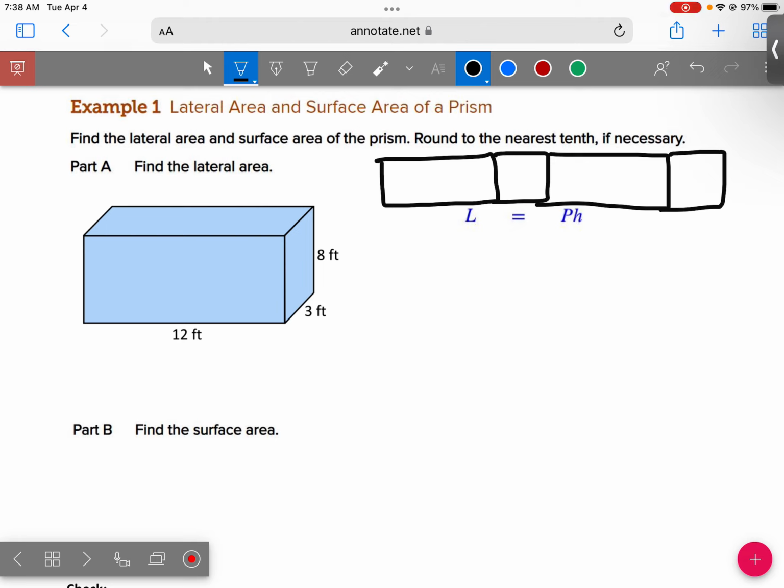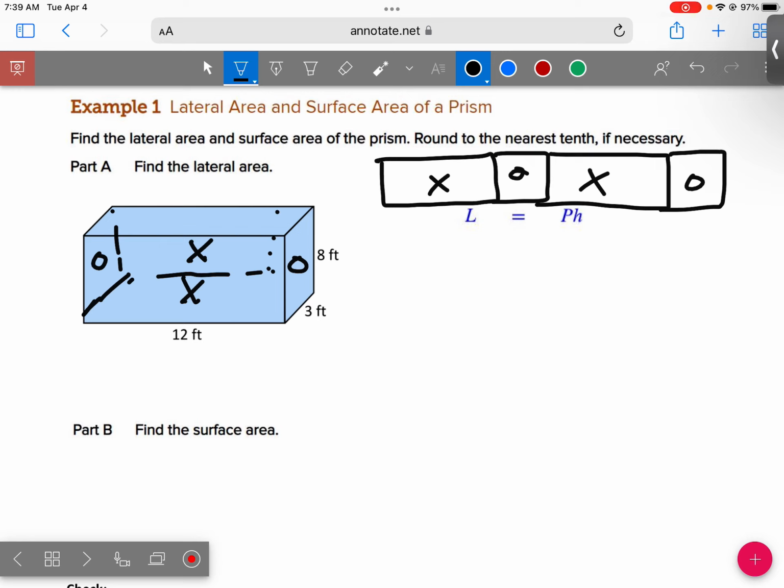It's going to be a longer rectangle right here, a smaller rectangle here. On the back side, it's going to be another longer rectangle, same size, and then over here on the side, another smaller rectangle. All right?